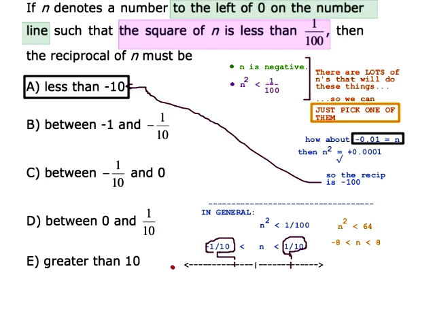Then you've got these two areas here, and these areas have those two different kinds of reciprocals. The numbers in this area are going to have reciprocals that are between -infinity and -10, which are the solutions, incidentally, of this problem.